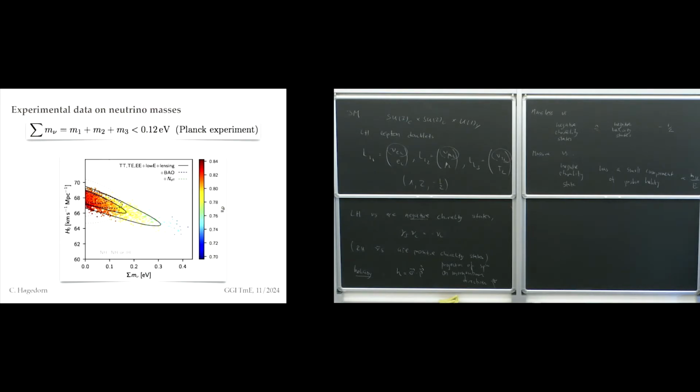And what you see here is the sum of the light neutrino masses. So if you interpret the three species of light particles which we have seen as being neutrinos, then you can interpret their impact in terms of the sum of their masses. So you see this given here.